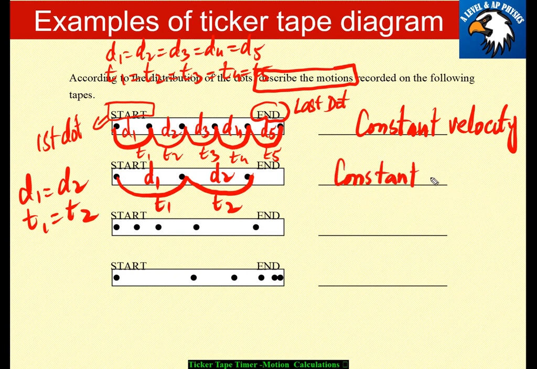So this one is also constant velocity. But what is the difference between these two? The difference is that this object is moving slowly, this object is slower and this object is faster.